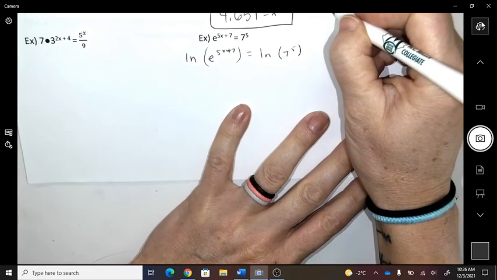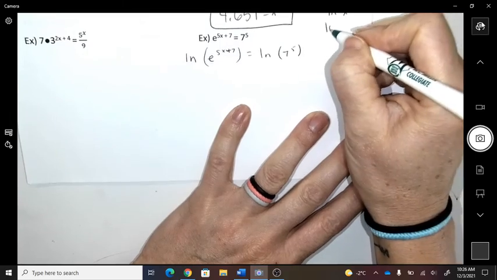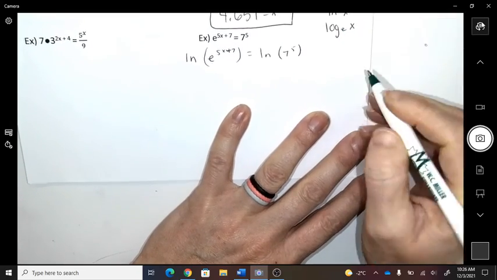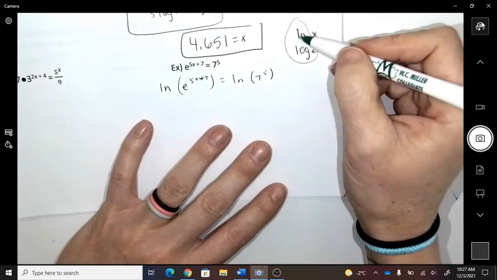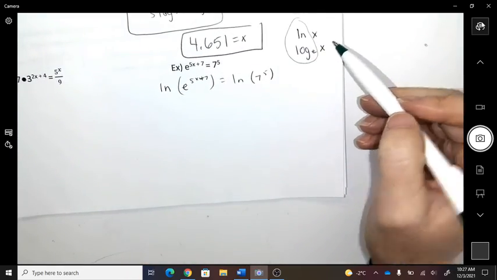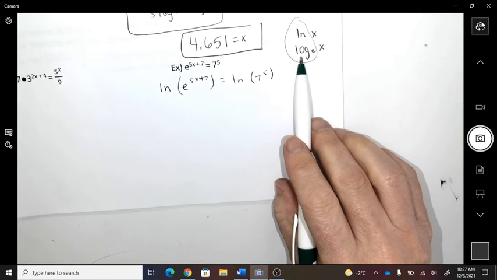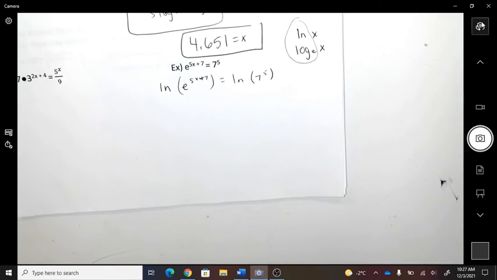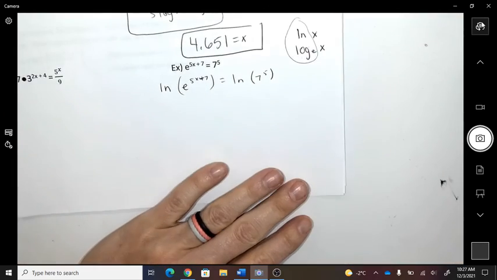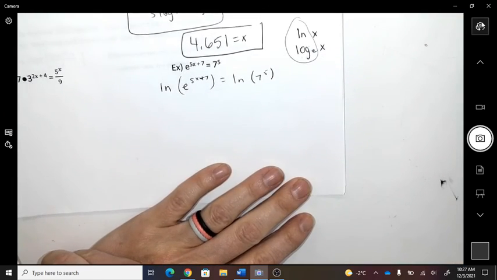Okay, so this was just to remember when you do an ln. So if I had ln of x, the same thing would be to do the log e, base e. ln just uses log e.